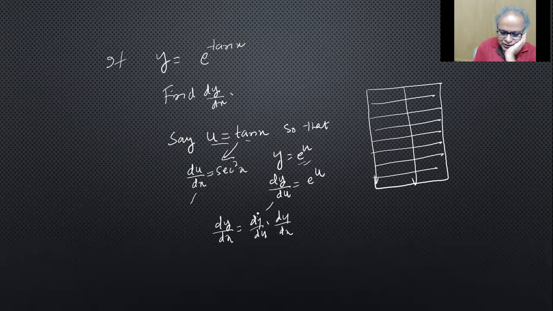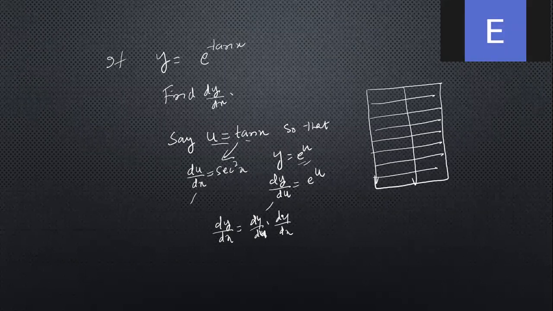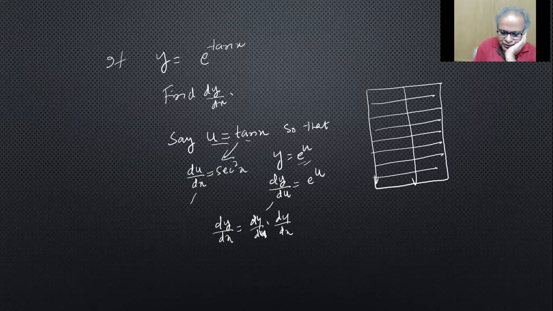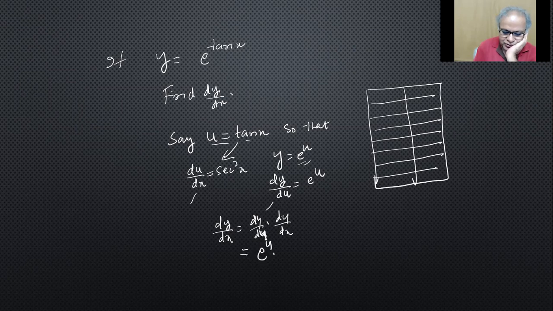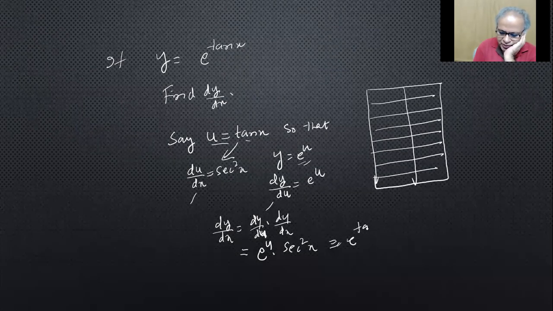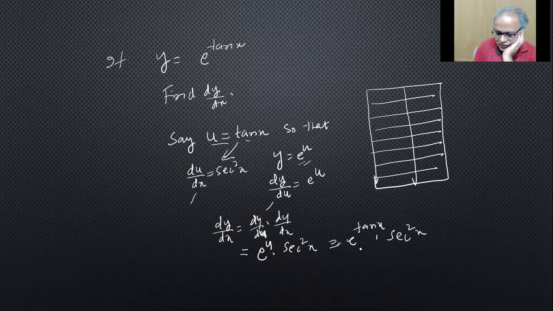Am I correct? This is dy by du. This is du by dx. So du going away, it will become dy by dx. So what will that be now? E to the power u secant square x, and e power u is once again e power tan x. Put it back. E power tan x secant square x.